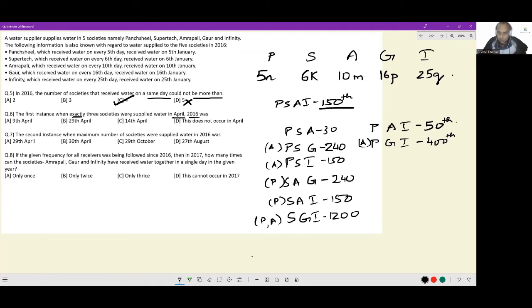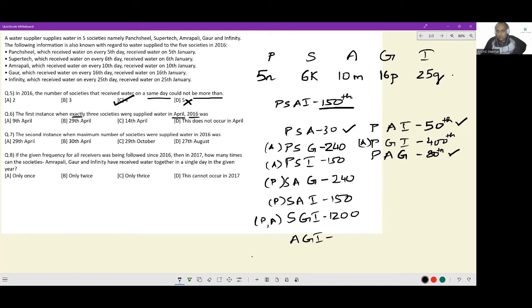No, PAI is done. PAG is not done. PAG will be 5, 10, and 16 on the 80th day. On the 80th day, S will not come, I will not come. So this is also valid. These 3 are valid. Okay. Now the only pairing left is AGI.